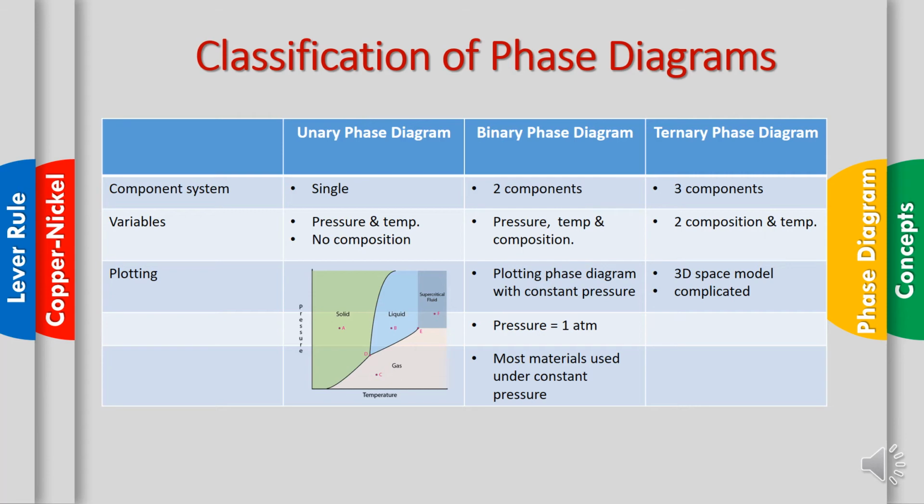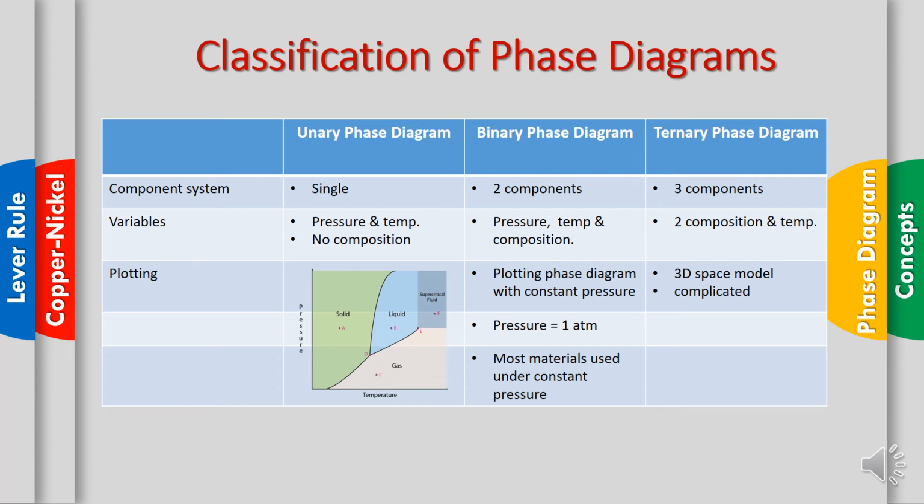There is no composition, whereby the composition of a mixture between two materials is not stated there. For the binary phase diagram, we can see two components, with pressure, temperature, and one composition. For the ternary phase diagram, we have two compositions and temperature, but this one is quite a complicated phase diagram.